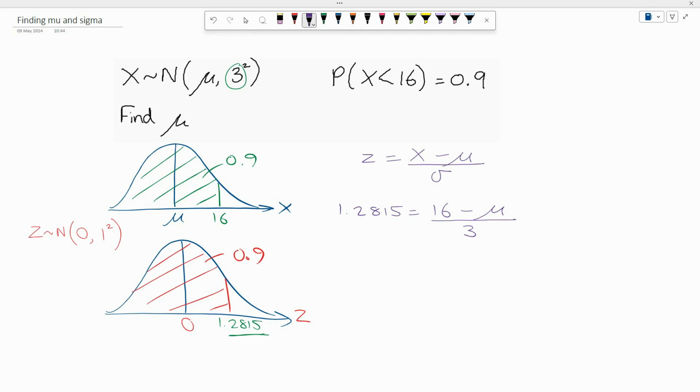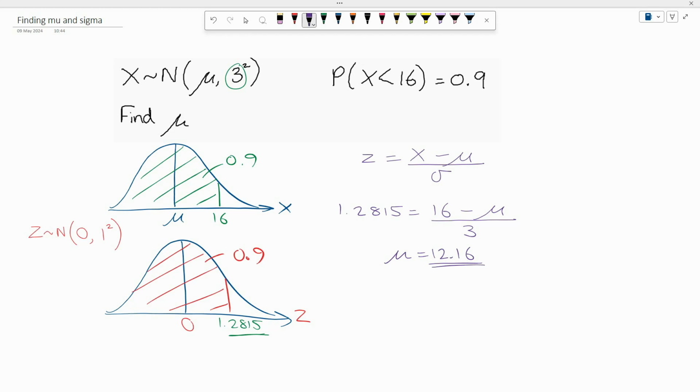So if you go back into your normal calculating mode and just type this in, you get the mean to be 12.1555. I'm going to just round it to 2 decimal places, 4 significant figures, that's going to be it.